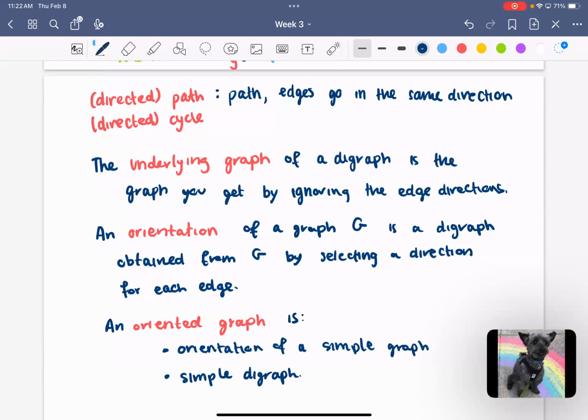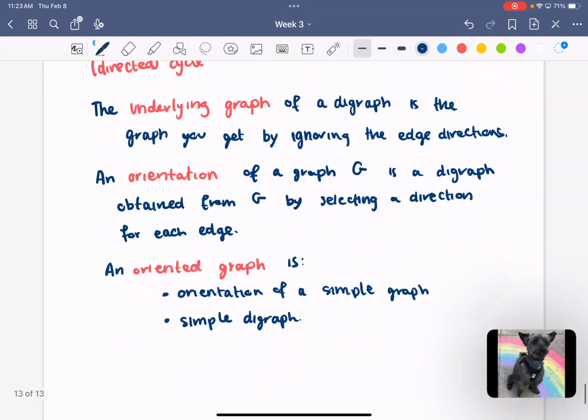Okay, so one more definition before we get into some results about digraphs is we need a new notion of what it means for digraphs to be connected, because in our old definition, a graph is connected if there's a path from every vertex to every other vertex. But now it's not clear necessarily what that should translate to. And there's two notions of what connectedness is for digraphs.